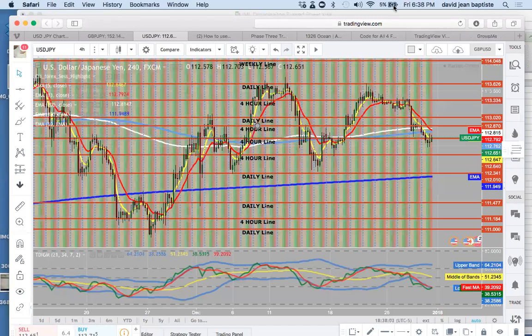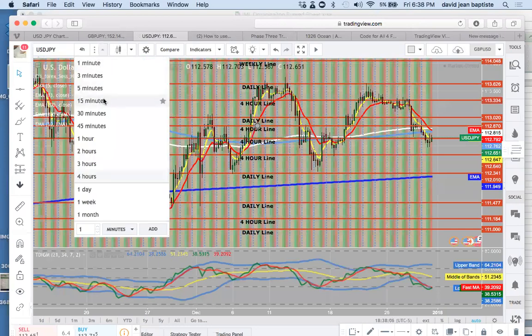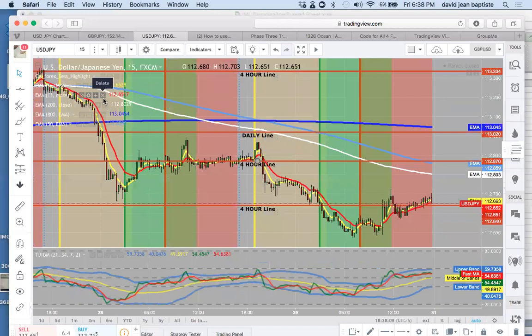Once again, you guys don't have to do this, but it's been very effective for me. It's just giving me more confirmation of where I am in the market. Very effective. All right.